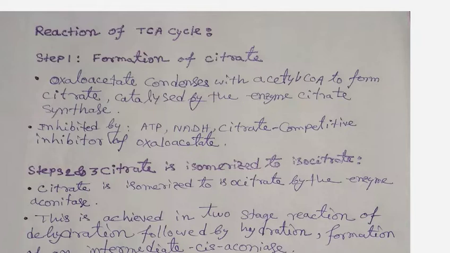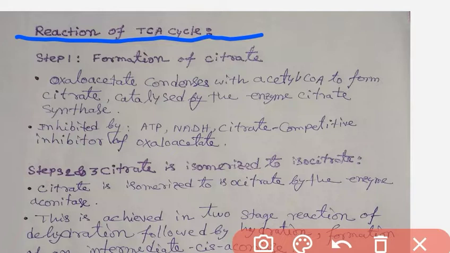Reaction of TCA cycle. Step 1. Formation of citrate. Oxaloacetate condenses with acetyl-CoA to form citrate, catalyzed by the enzyme citrate synthase.